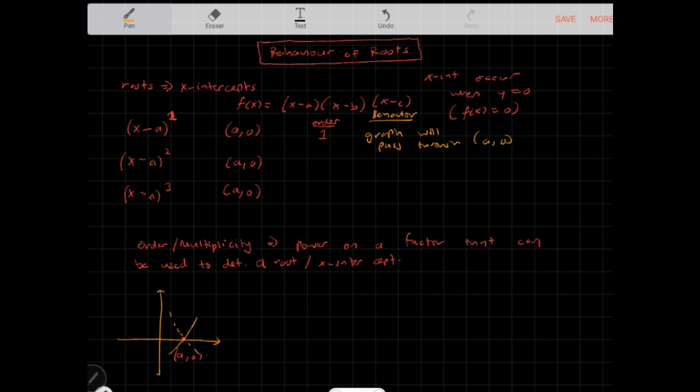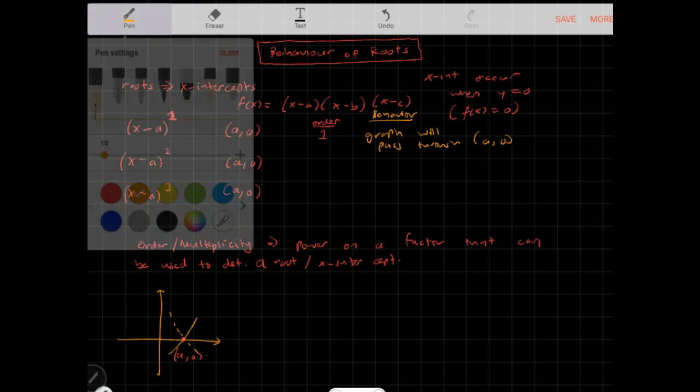Okay, and you can basically add to our notions of other aspects of behavior that we looked at, like the end behavior and so forth. And this would help you to draw a much more refined sketch, really, right? So we know that an order of 1 would mean that the graph will pass through or slice through a root.